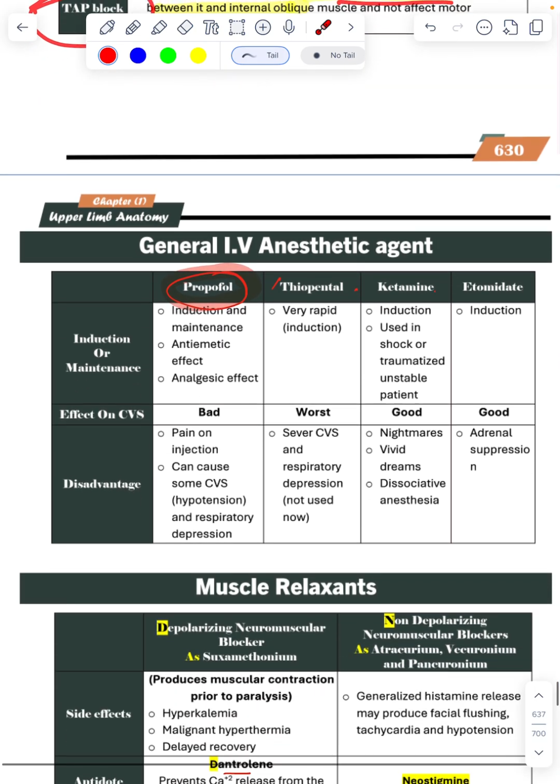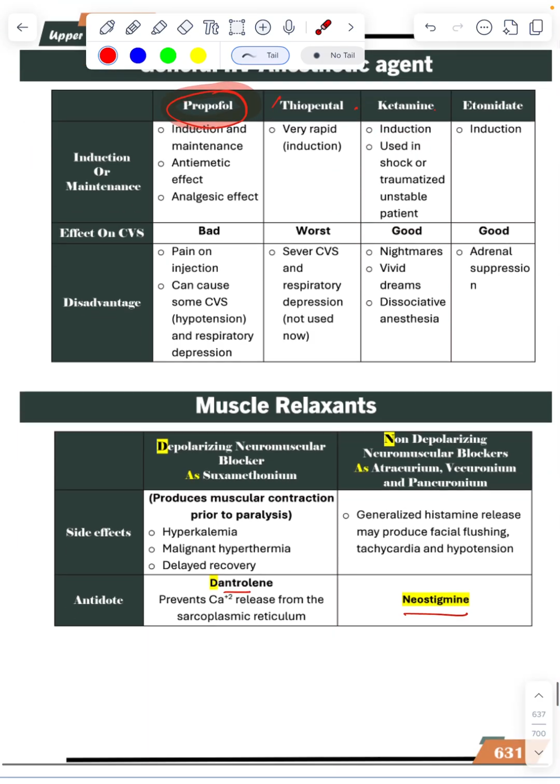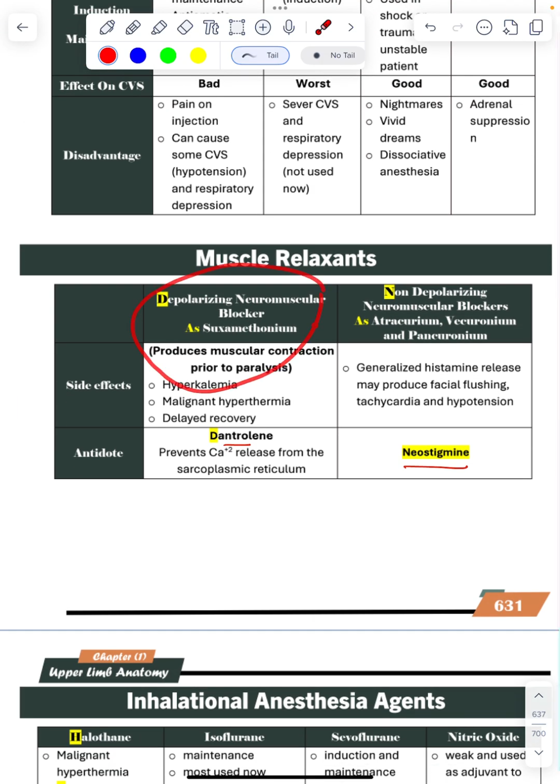General anesthetic agents. Induction, propofol, a good antiemetic, analgesic is also there. Ketamine for shock, trauma. Succinylcholine is depolarizing. Atracurium is non-depolarizing, side effect is release of histamine.